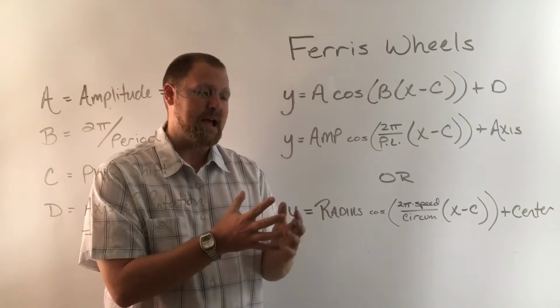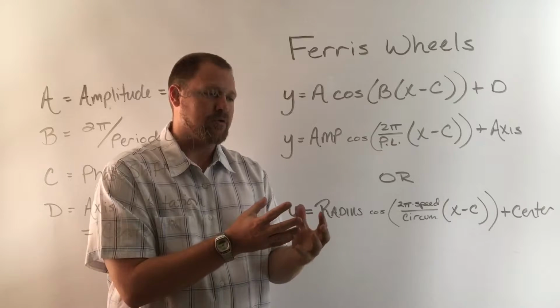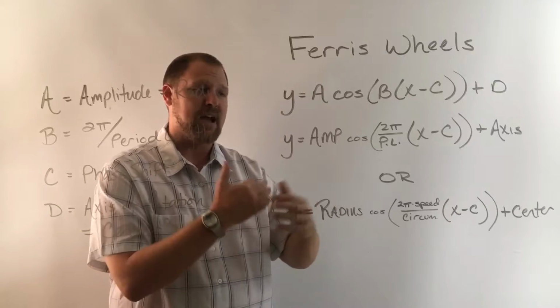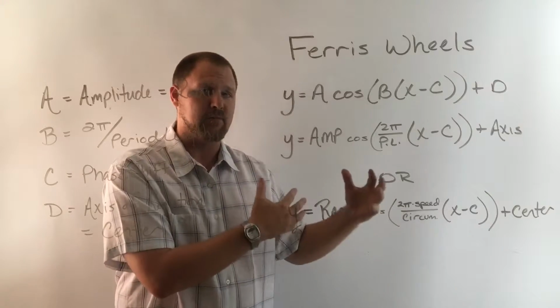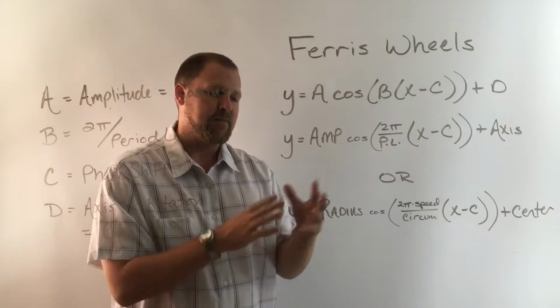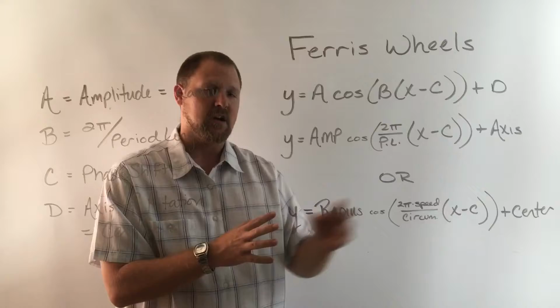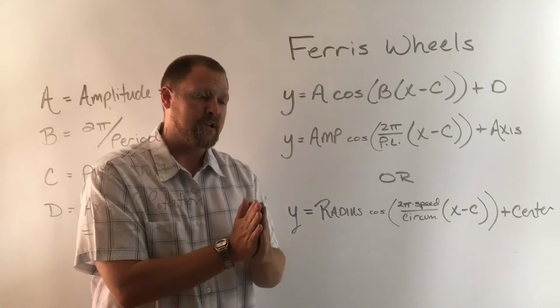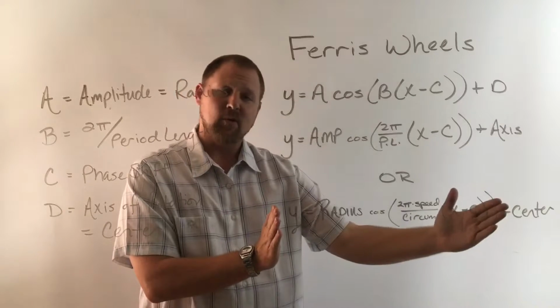This might allow the students to input some of the information that they're given, as opposed to calculating a whole bunch of different variables and then inputting them. And it might allow them to then reduce a couple things while it's in the equation. And now you're looking at, did they write the equation correctly?